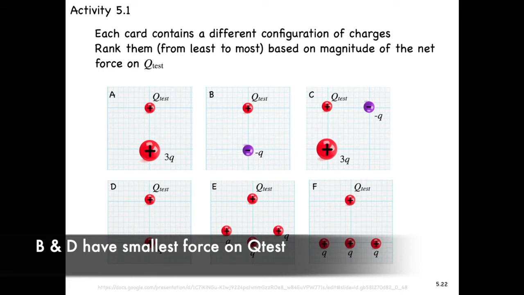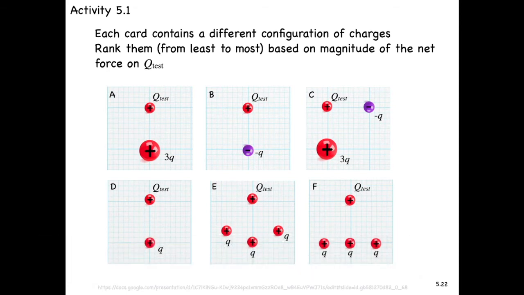Okay, so there's only one other charge present. It's the same distance away in both cases. And what about its magnitude? The magnitude's the same, right? Just one's positive and one's negative. So this has a repulsive force, and this one has an attractive force, but they should be the same magnitude.